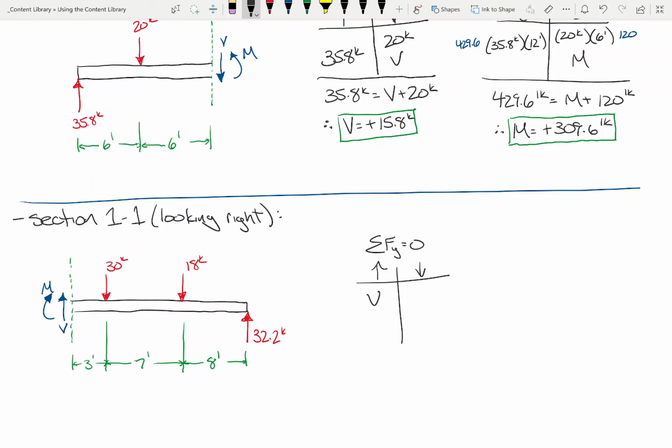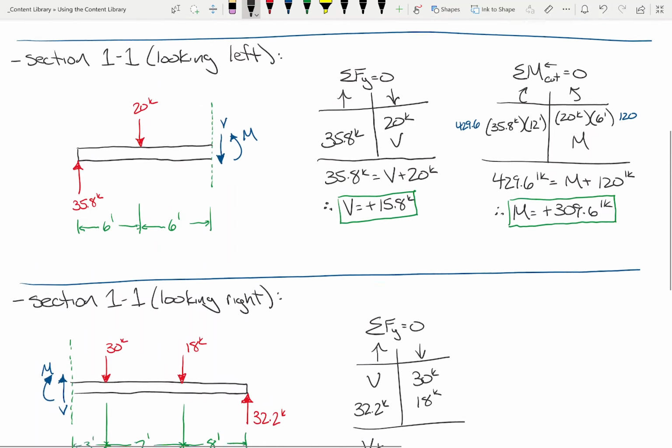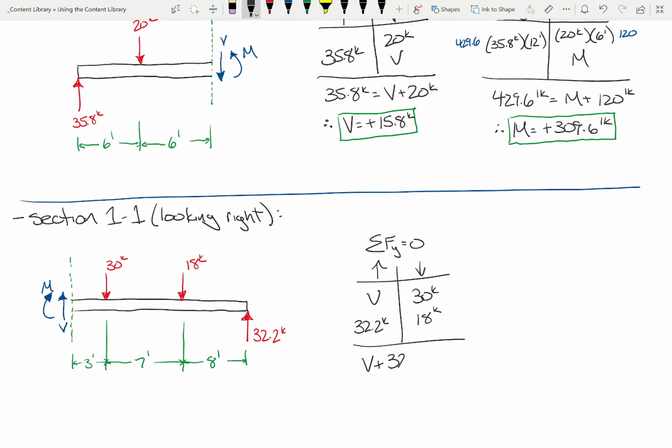V going up, 32.2 going up, 30 going down, 18 going down. So V plus 32.2 kips is 48. So what is V going to be? Positive 15.8. Same thing here, right?